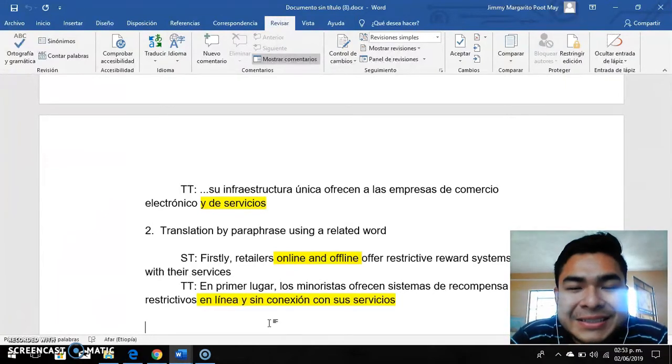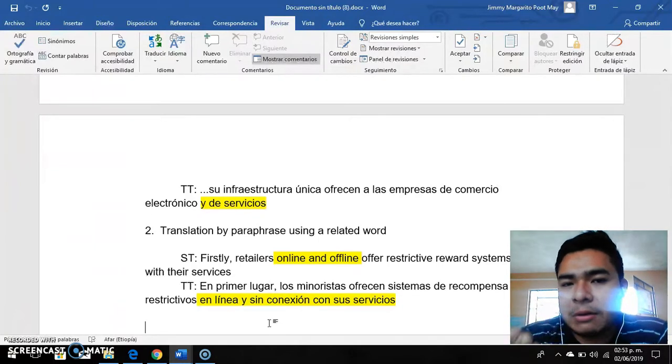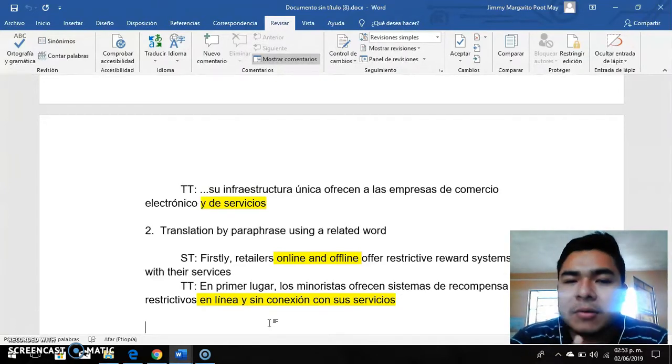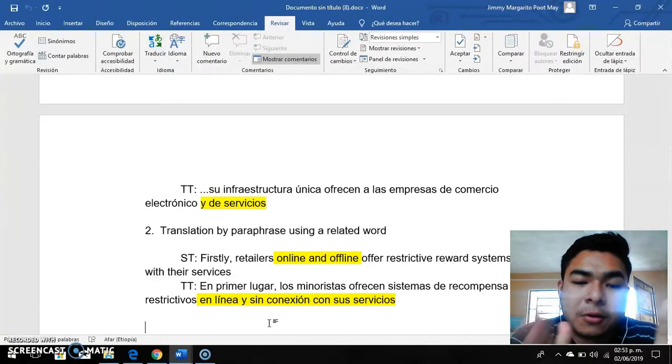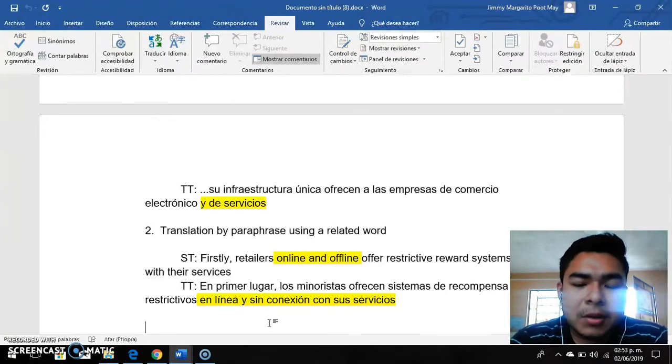It can be translated as fuera de línea, but it's not natural. So I use a related word in this case that refers to being connected, related to this topic, to be on internet, and offline can be conexión. So I decided to use conexión as a related word to this topic. So sin conexión refers to offline. You can see online and offline, en línea y sin conexión.